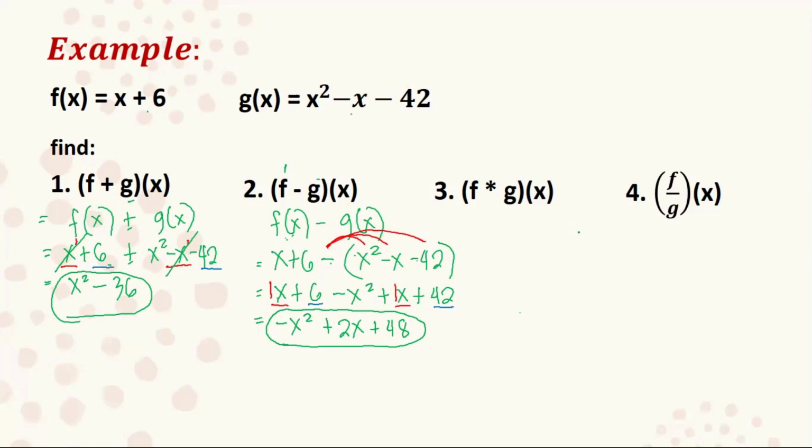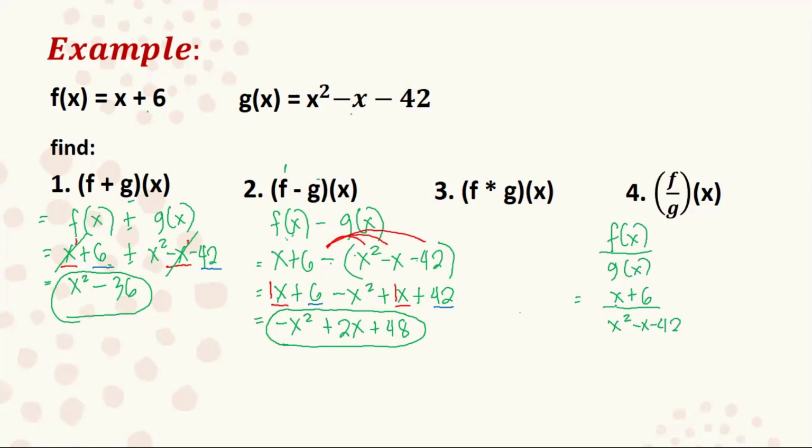Then number 4, this time you are asked to find the quotient of the two functions. So we have f of x divided by g of x. So we copy the first function, which is x plus 6. Then g of x is x squared minus x minus 42. Ma'am, paano naman po ito isosolve?